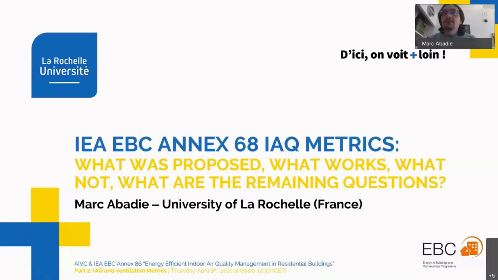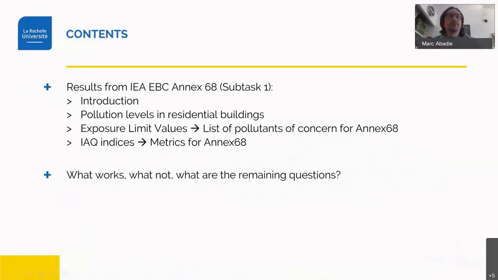Okay, hello everyone. So I'm going to present the results from the work that we've done during the Annex 68, during the first subtask of this Annex. And we'll draw the whole methodology we used.